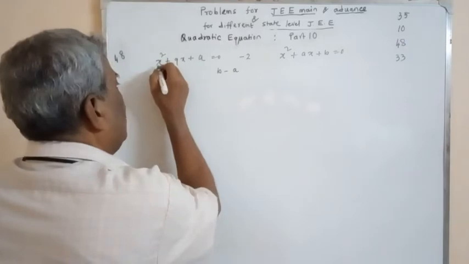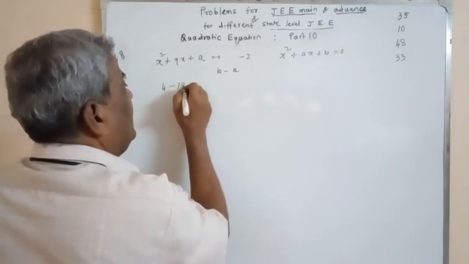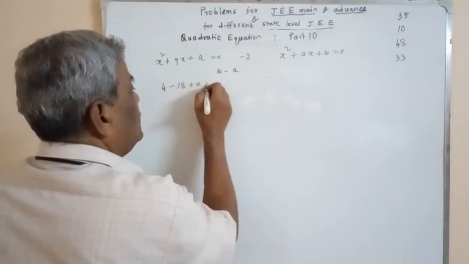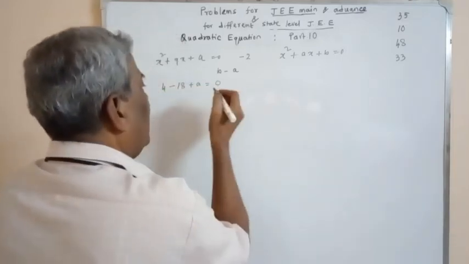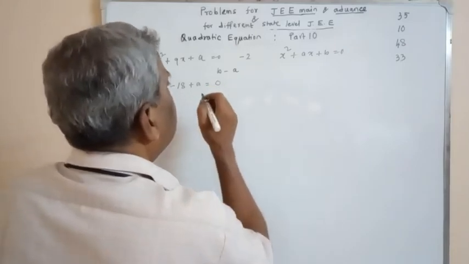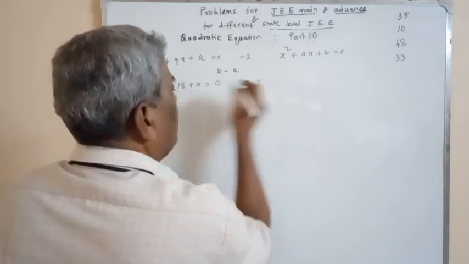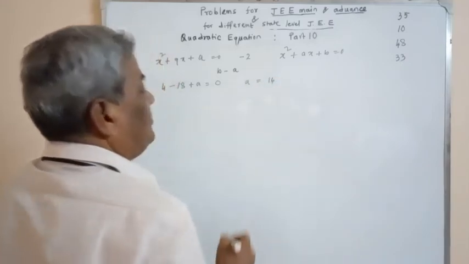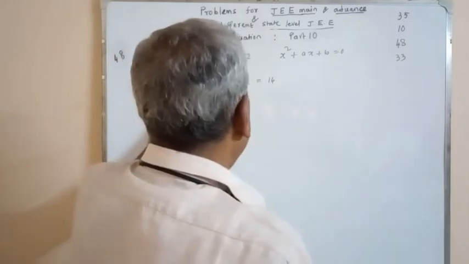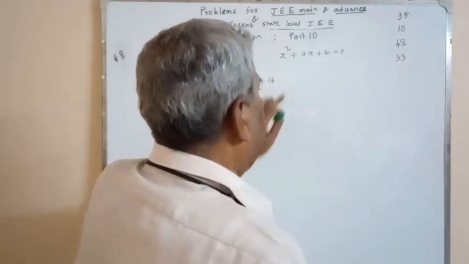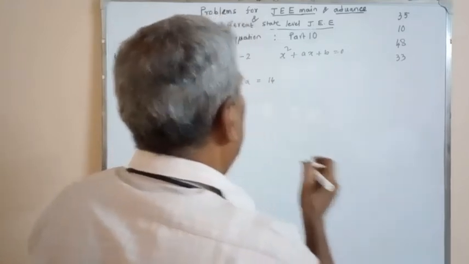Therefore, minus 2 whole square, that is 4, minus 18 plus a is equal to 0. So a is equal to 14. From the first equation we get the value of a, and the second equation has equal roots.